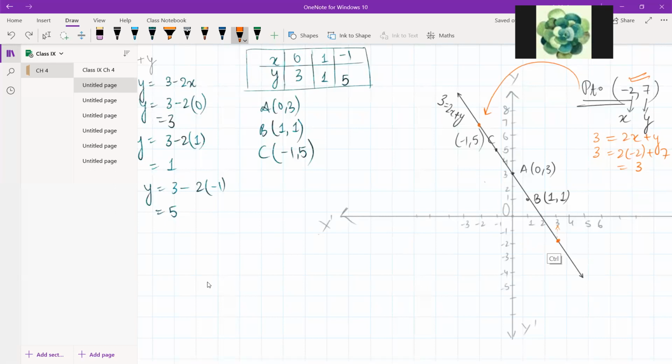3 minus 3. Saloni beta, you were not audible. Could you please speak a bit louder? Ma'am, 3, it's not minus there. 3. 3, -3.